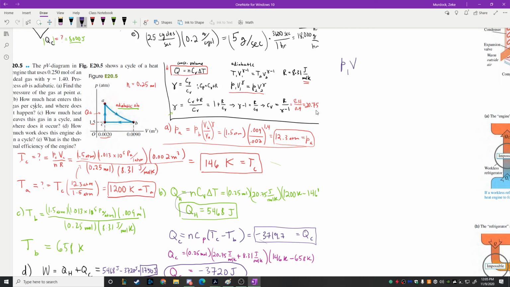P times V to the gamma is a constant. We can calculate what this is because we know what P and V and gamma are. Which means that P is equal to that constant divided by V to the gamma. And then we would just take this equation and integrate P dV from VA to VB.